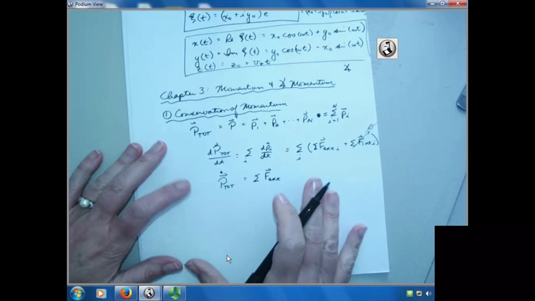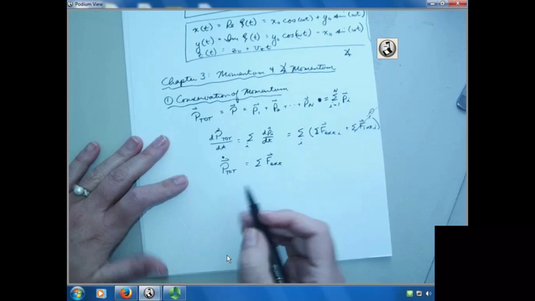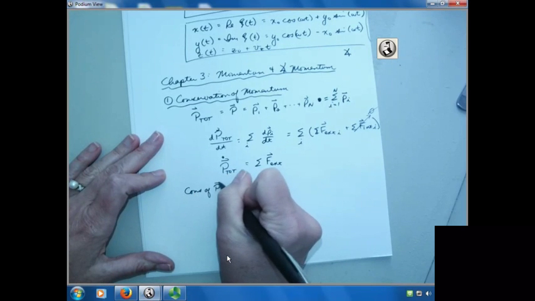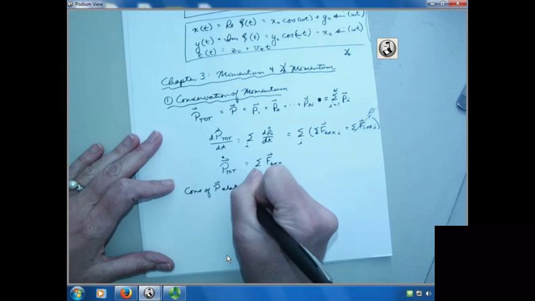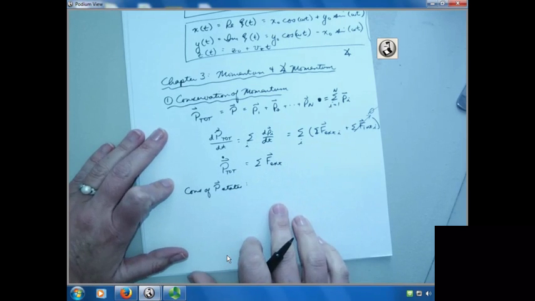So that's fine. This obviously leads to the conservation of momentum, which states the following. If the net external force on an n-particle system is 0, the system's total momentum remains constant.